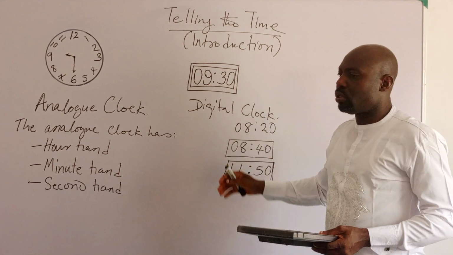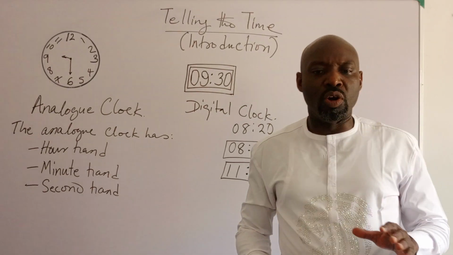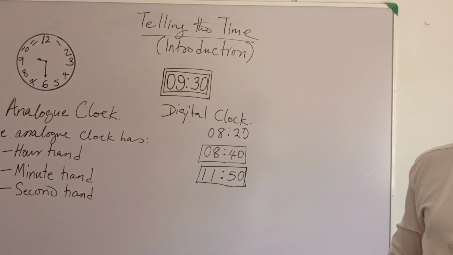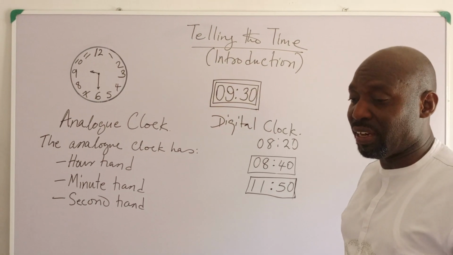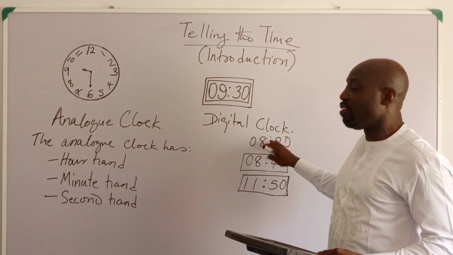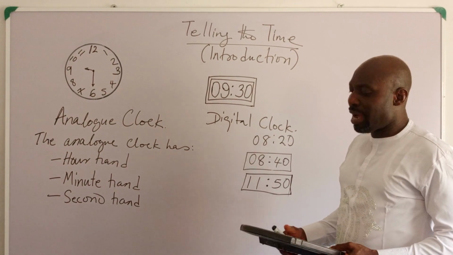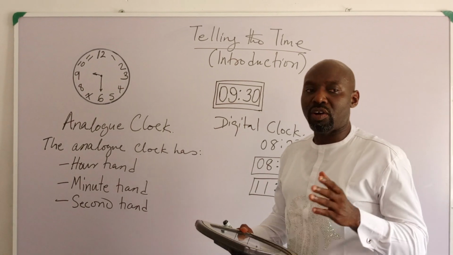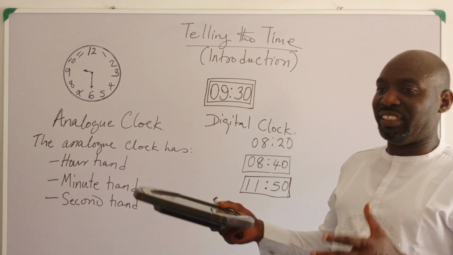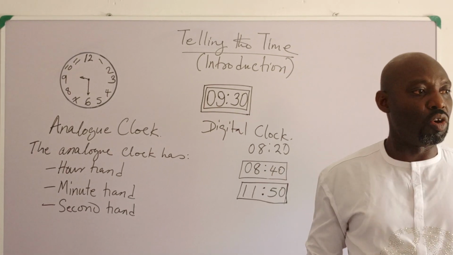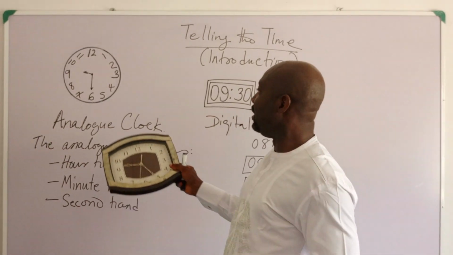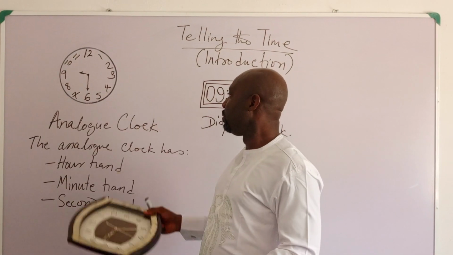The digital clock is seen in your computer, your phones, most of your digital devices. They represent the clock using the digital format. While the normal clocks you have in your sitting room, on the street, in your churches, on the walls, mostly will be the analog clock.